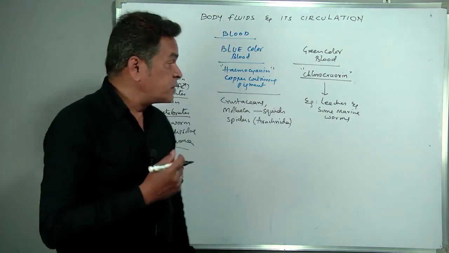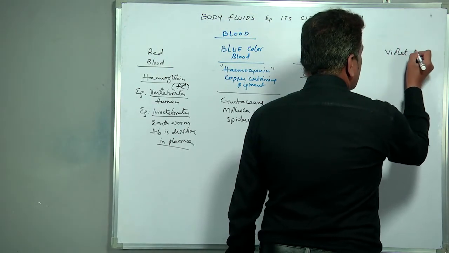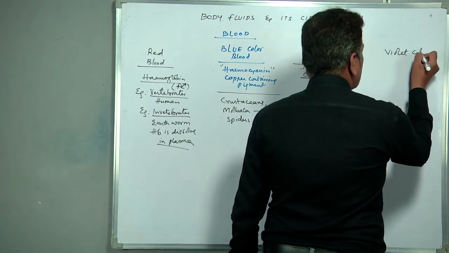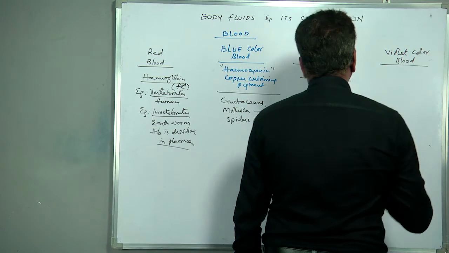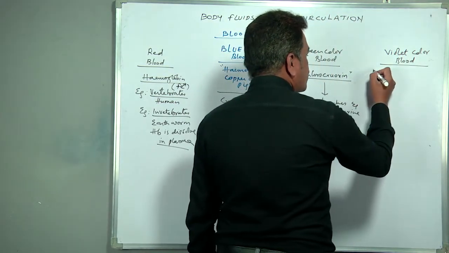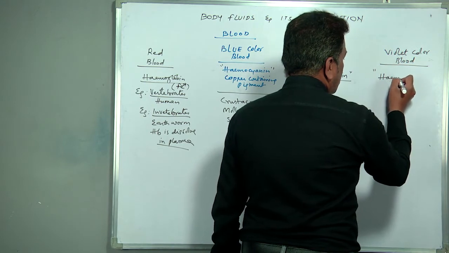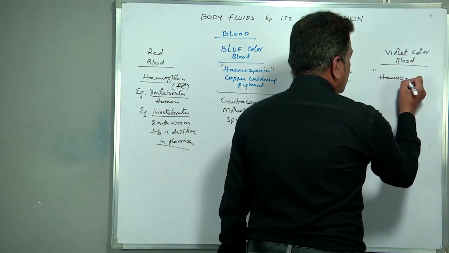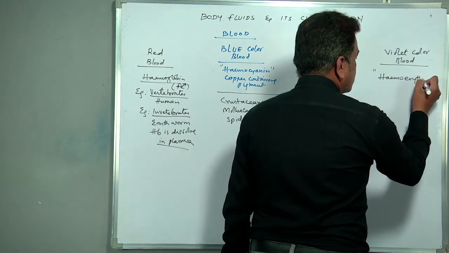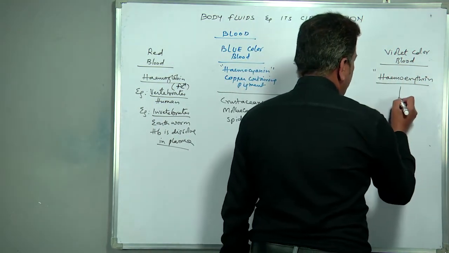Yes, you can take here violet color also. Violet color blood is due to the presence of a pigment called hemerythrin. And this hemerythrin, where do you find?